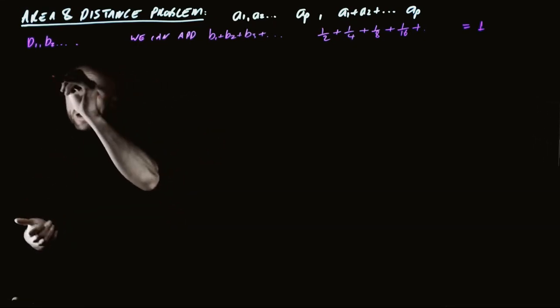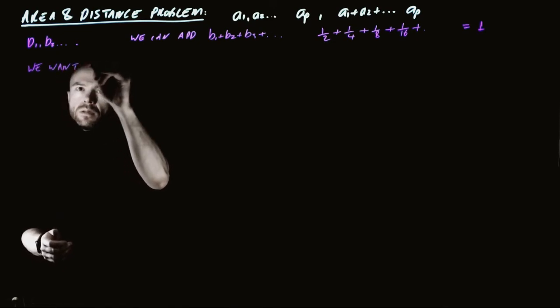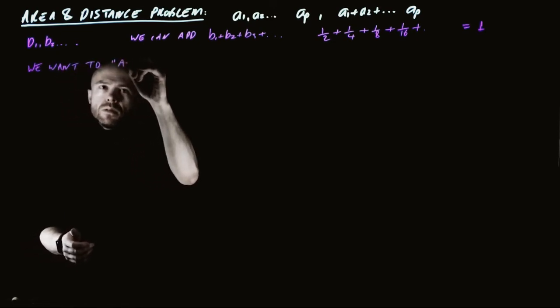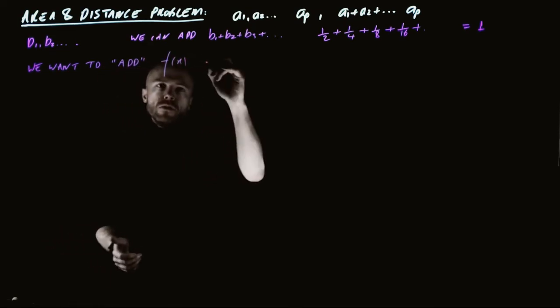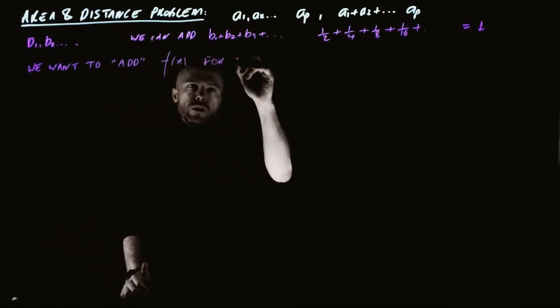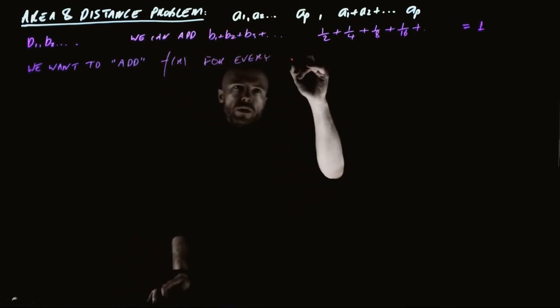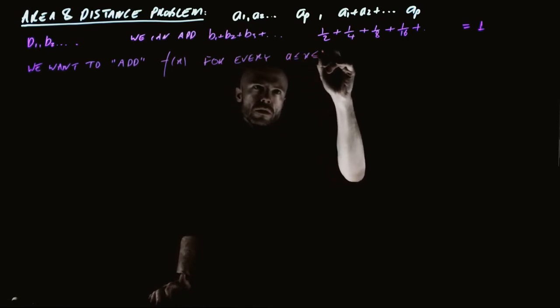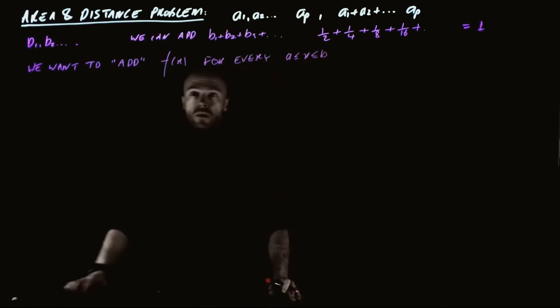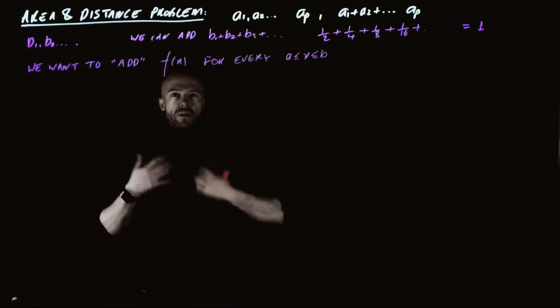So that would be like adding up f of x for every x between, say, A and B. Okay. And it turns out we can do that. And doing that is exactly integrating. And being able to do that is a crucial thing.